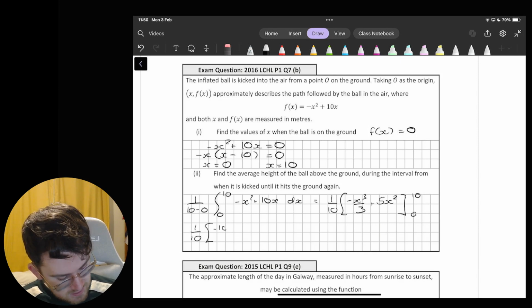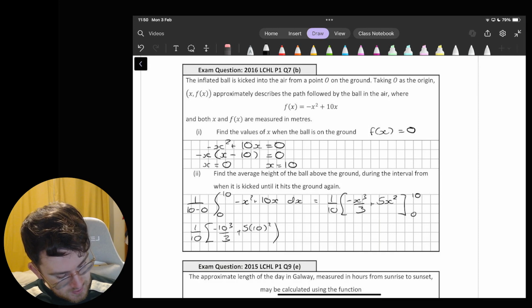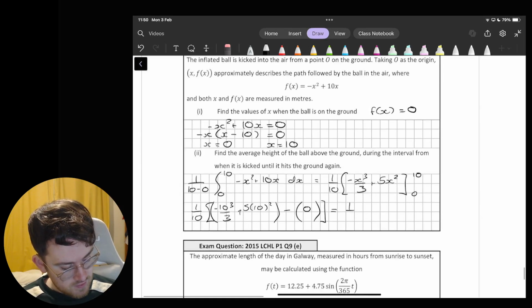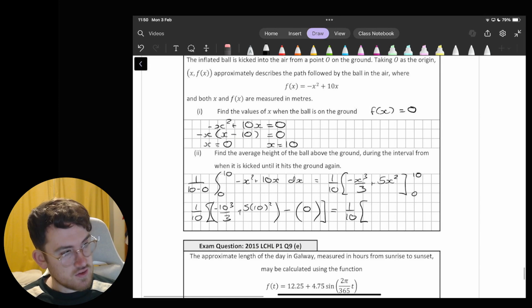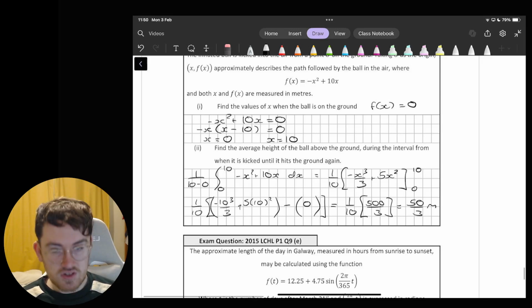So minus 10 cubed over 3 plus 5 times 10 squared, that's my 10 part, and the other part is just going to give me 0. If I fill in 0 for x, it just reduces down to 0. So continuing onwards, that's going to give me 500 over 3, which is 50 over 3 meters as its average value.